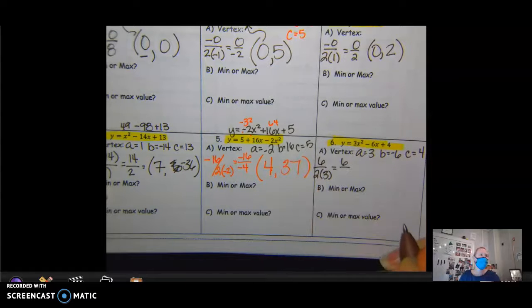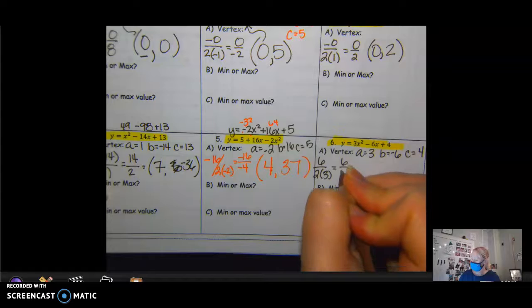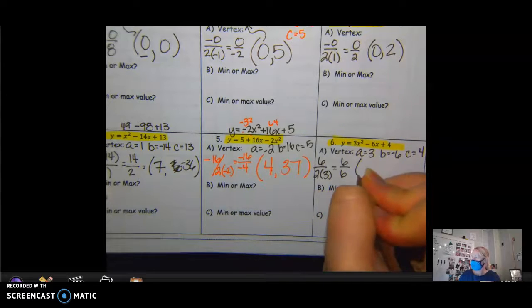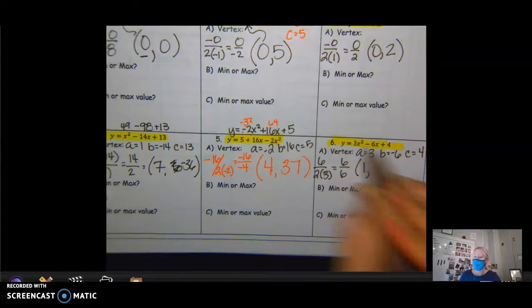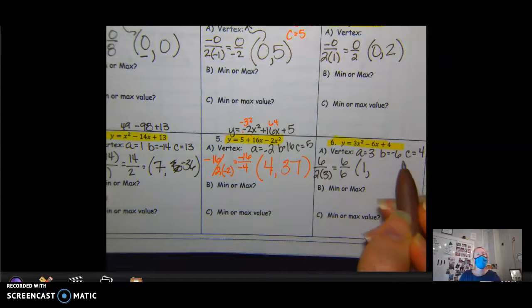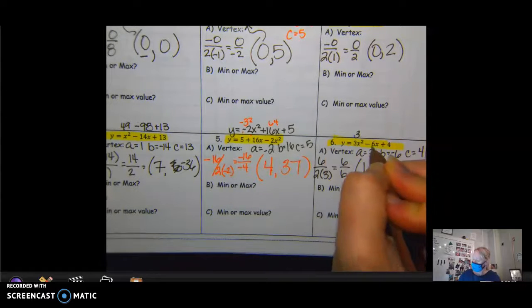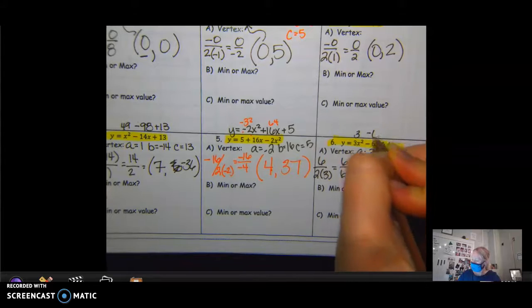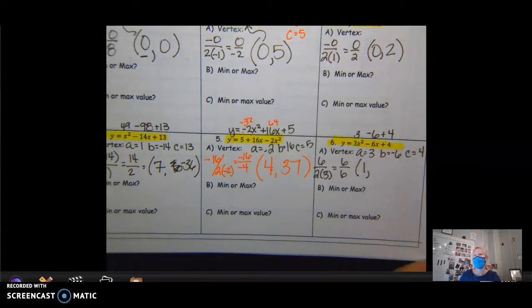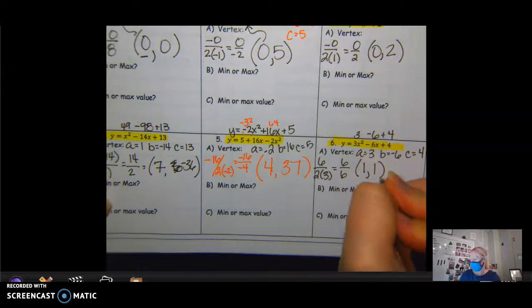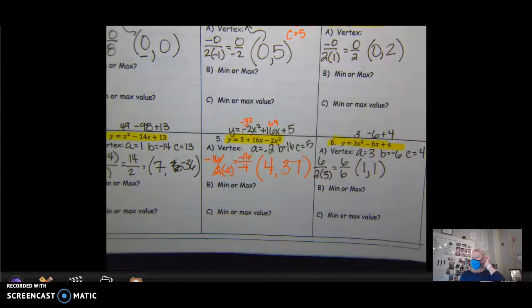So 6 over, what's 2 times 3? What is 6 divided by 6? 1. Comma, plug 1 in. What's 1 squared? What's 1 times 3? What's 6 times 1? So that'd be a negative 6 and then plus 4. So what's 3 minus 6 plus 4? Perfect. Okay, that is how you find your vertex.